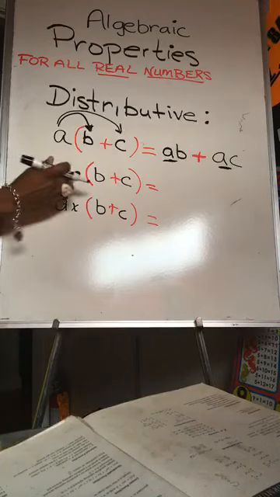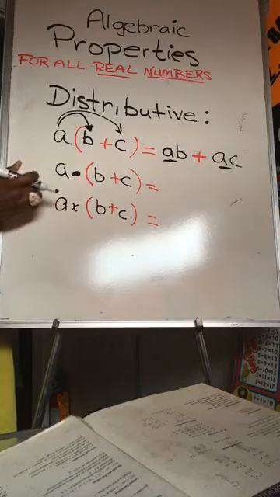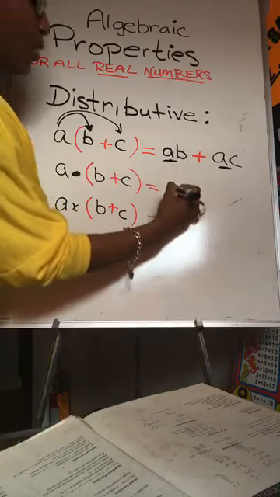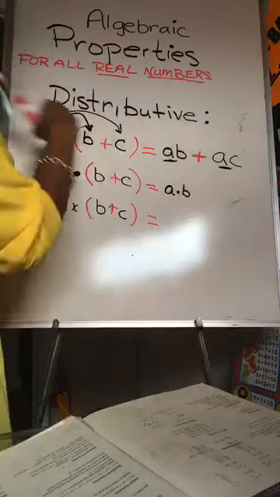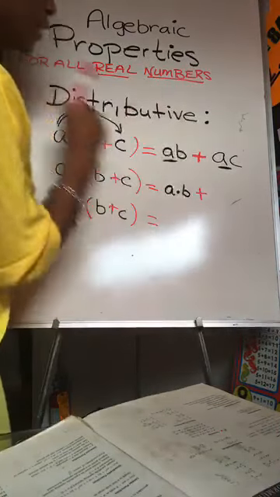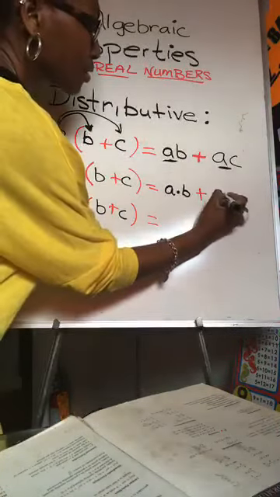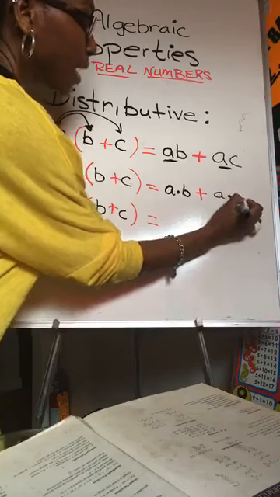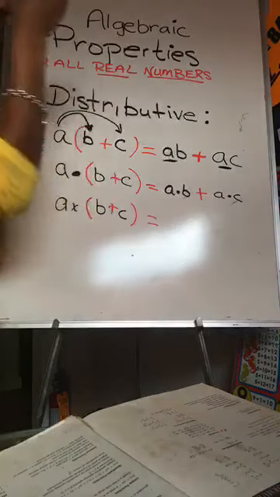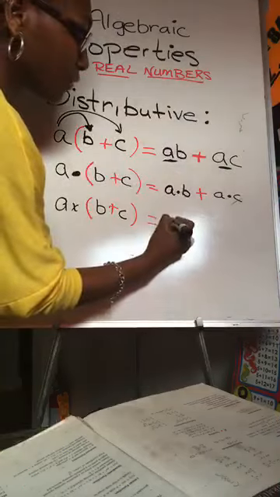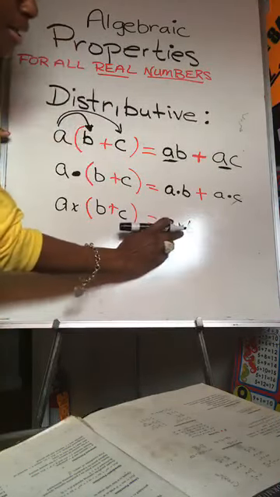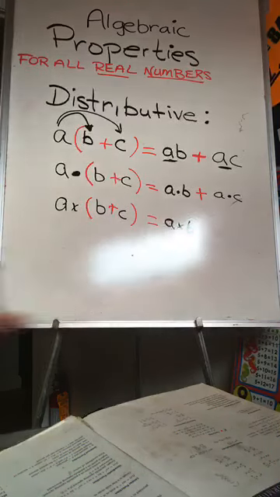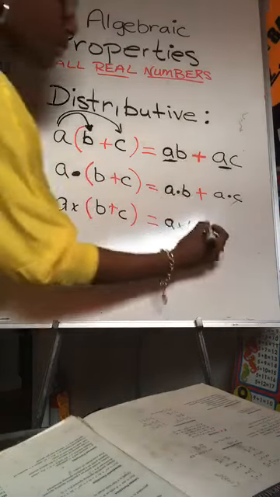All right? Now, I only showed it 3 different ways so you can see it. Some students may want to write it like this, A times B, so they can remember. If they're just learning this, this is important to students. A times B plus A times C. And now you can see if it's confusion right here. If you say A times B, I'm writing it smaller so we won't think that it's a variable.